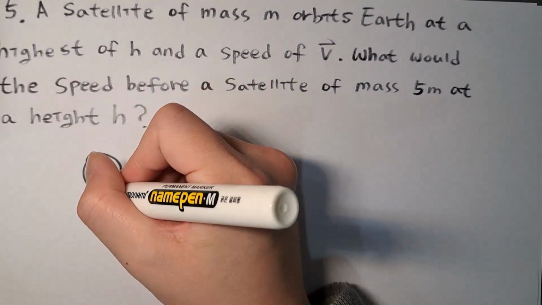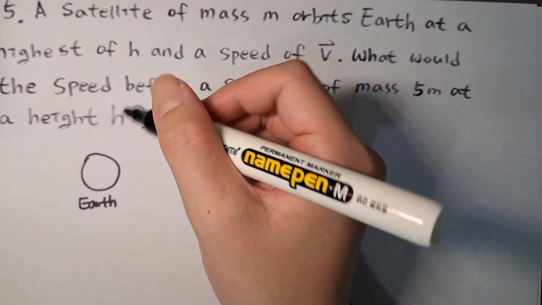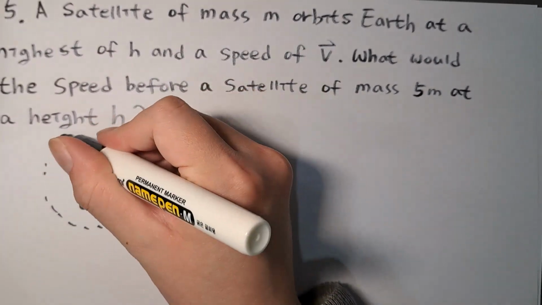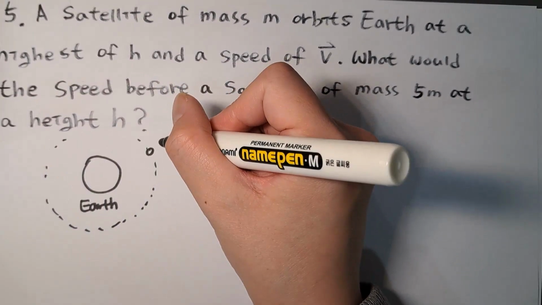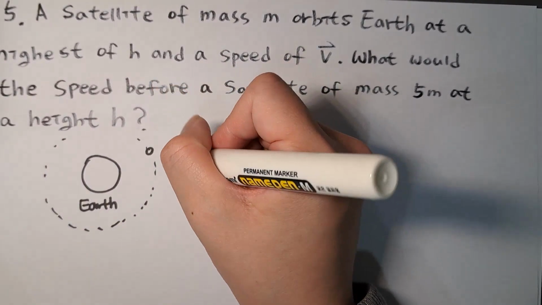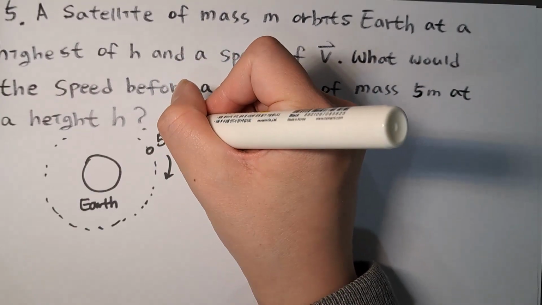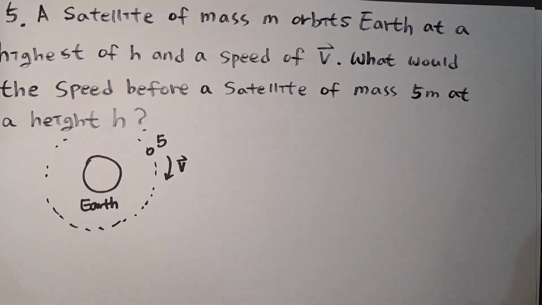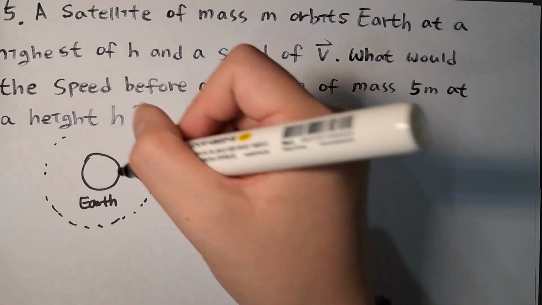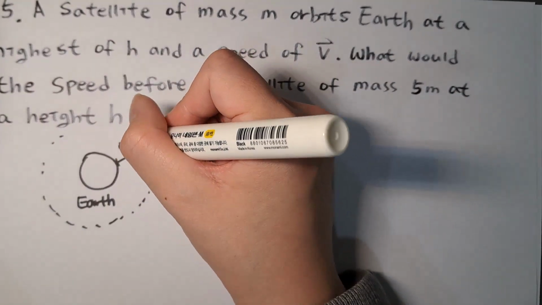So this is going to be the Earth, and this is the satellite orbiting the Earth. So this is going to be the height.